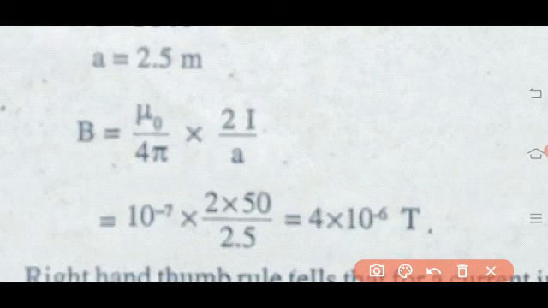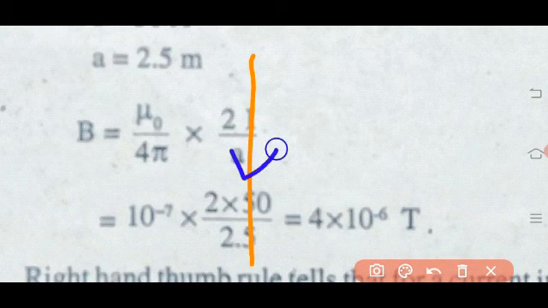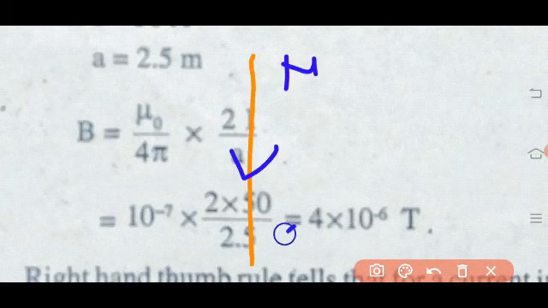Now we want to find the direction of magnetic field. So just remember the diagram I have written in the earlier case. This is the direction of current from north to south.